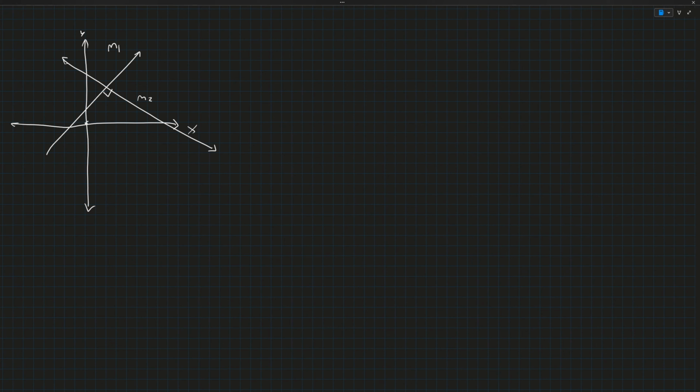Well, one way I like to think about it, and the way it's defined, is that we want the slope of 1 to be equal to the negative reciprocal of the other slope, which is going to be negative 1 over m2.